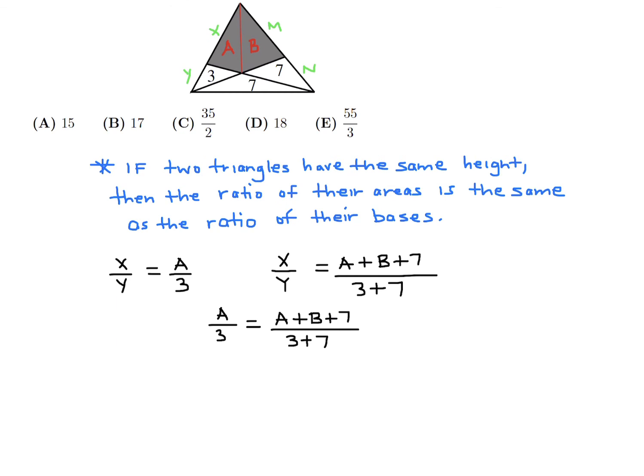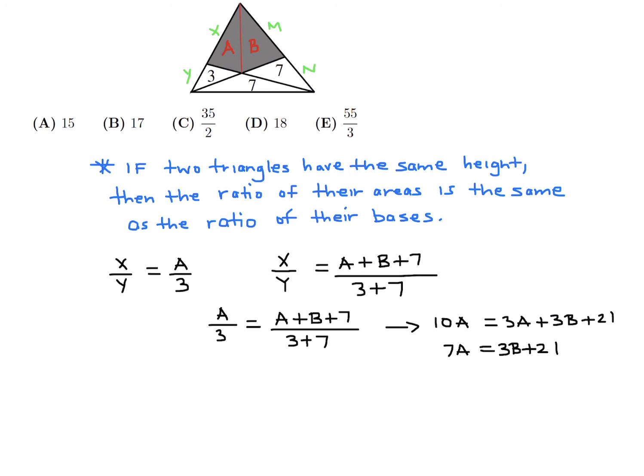And this will give me a simplification of, let's see, cross multiply, 10A is equal to 3A plus 3B plus 21. And that looks like 7A is equal to 3B plus 21. All right, so that's about as far as we can go there.